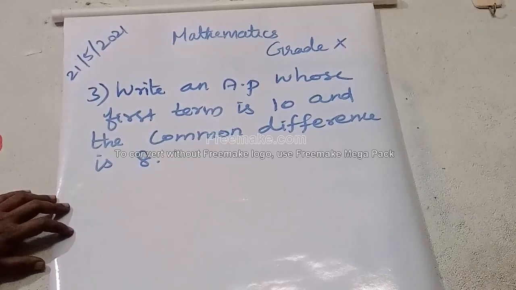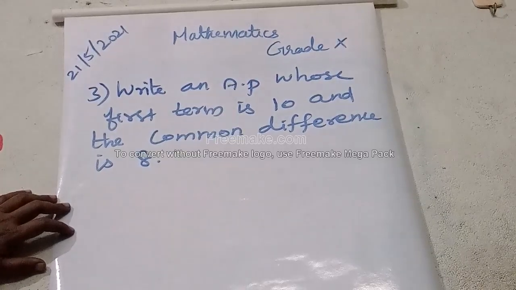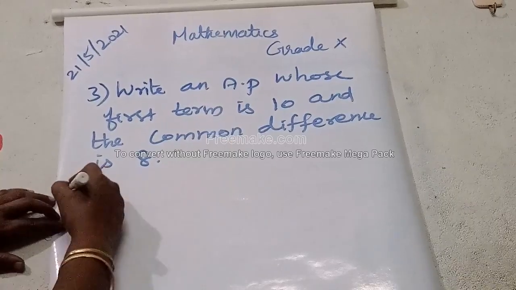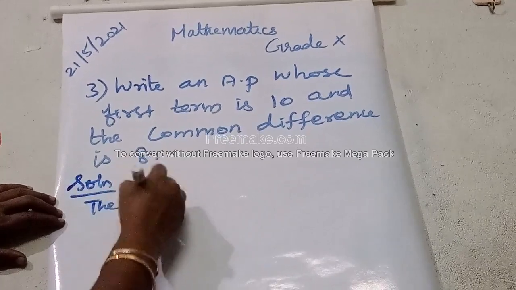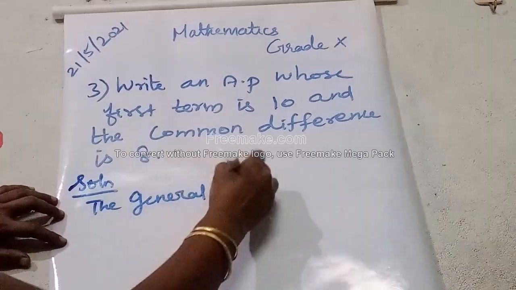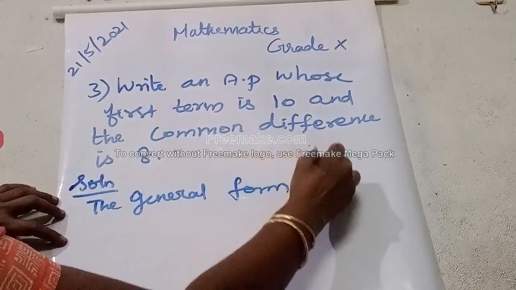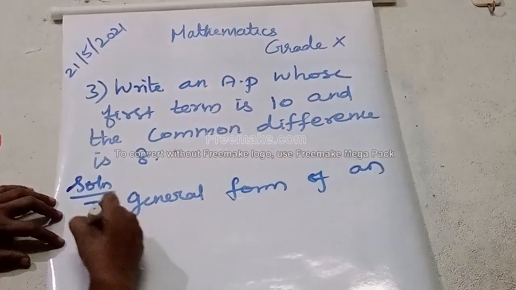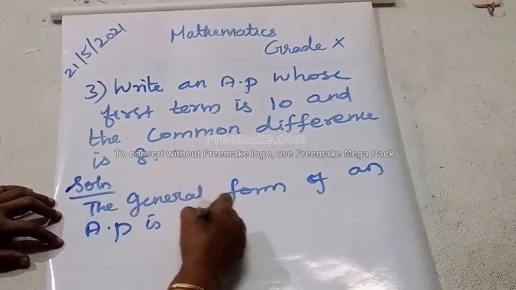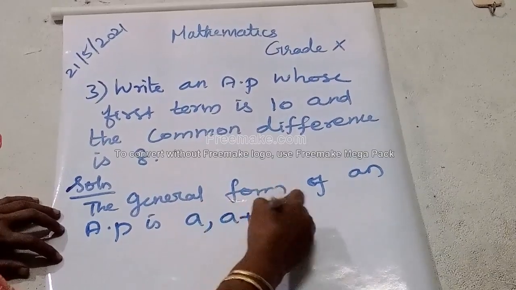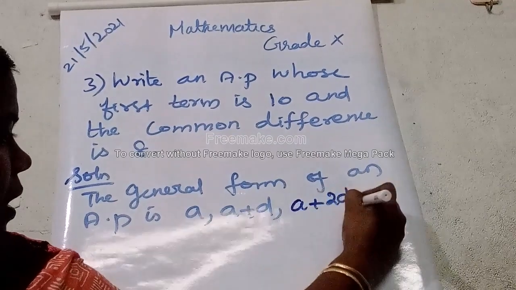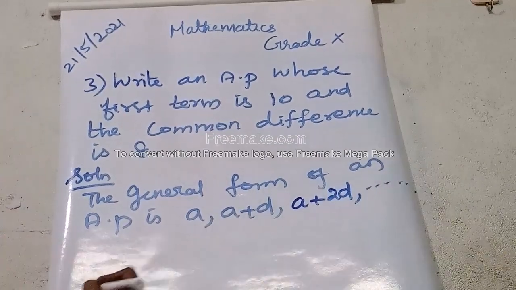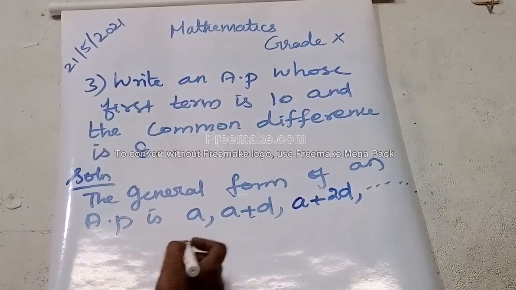If it is asked to write the general term, we have to use the formula Tn is equal to A plus n minus 1 into D. So first let's write the formula. The general form of an AP is A comma A plus D comma A plus 2D comma etc.